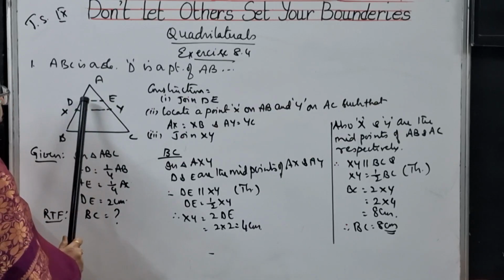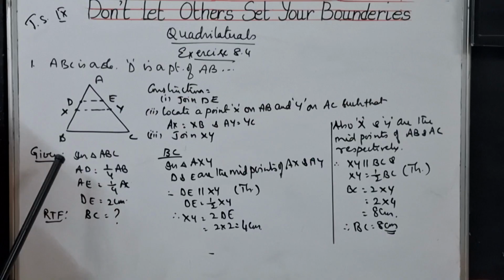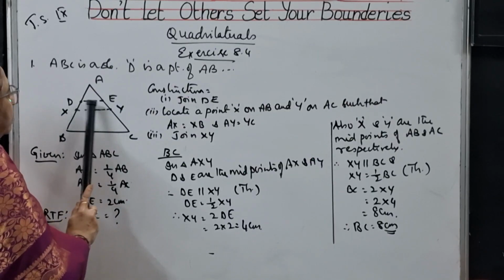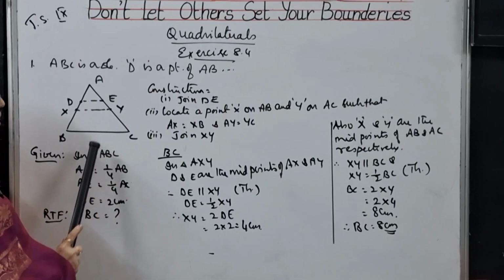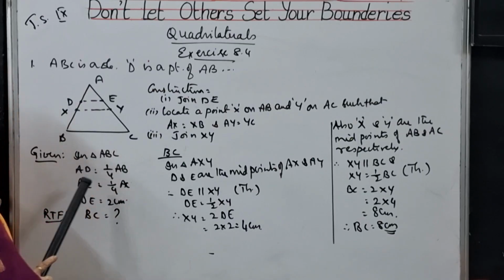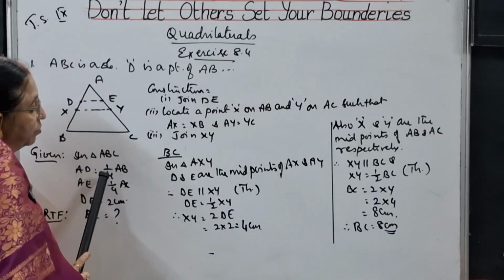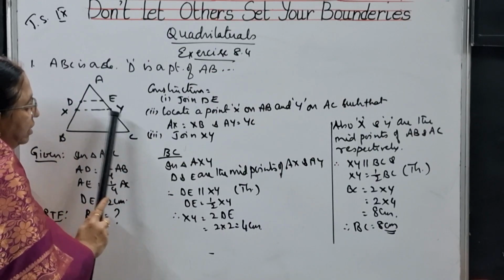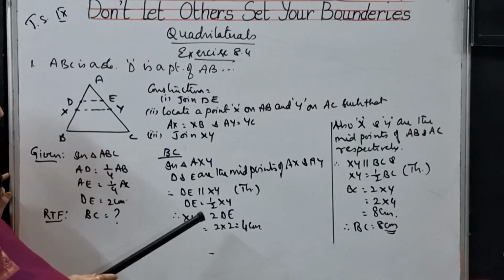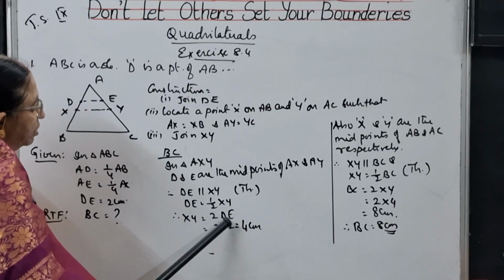If they are the midpoints, then we have learnt a theorem: the line joining the midpoints of two sides of a triangle is parallel to the third side and also it is half of the third side. So DE is parallel to XY and DE is half of XY. That means what is XY? 2 times DE.